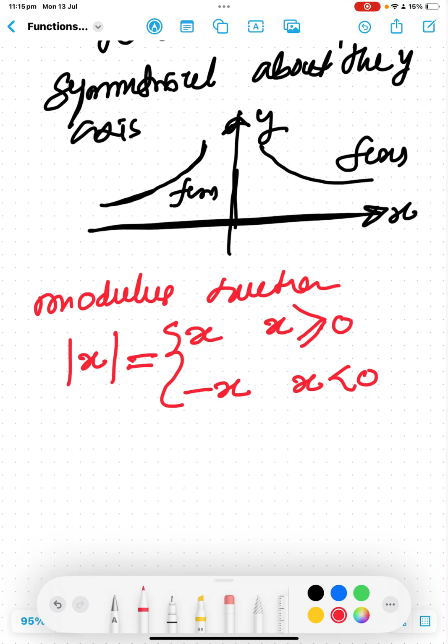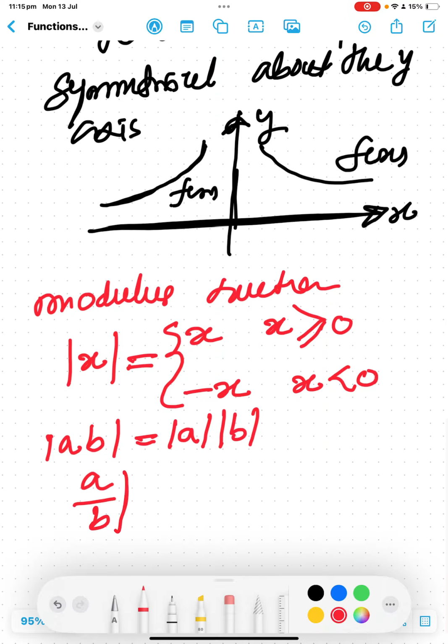There are some properties of the modulus function. Let's say a and b are real numbers. Modulus of the product ab would be modulus of a times modulus of b.